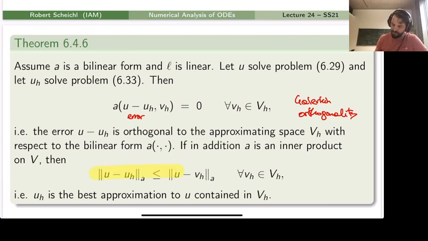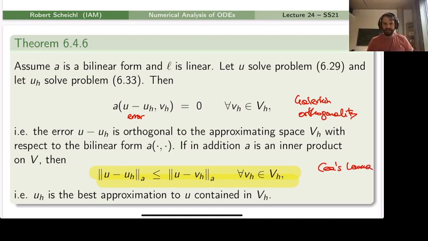This is called Céa's lemma. Namely that the error that we commit, U minus U_H in the energy norm, is less than or equal to the error by any other element of V_H. So there is no better element in V_H to approximate U. So U_H is the best approximation to U contained in V_H. So this would be 6.42, and this would be 6.43.